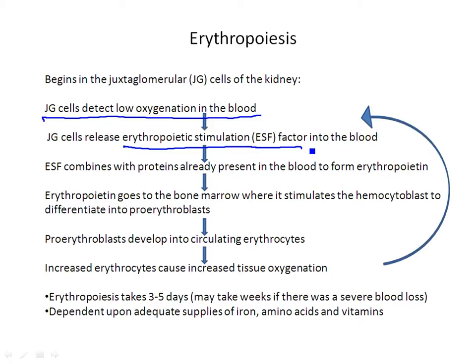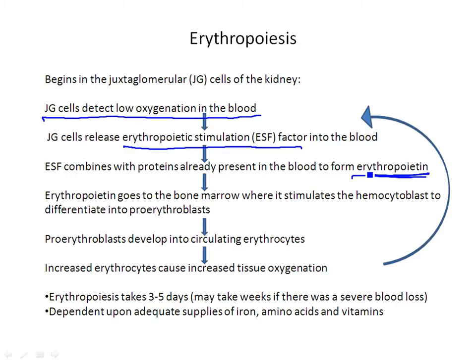Well, you've already got another protein present in your blood, and those two are going to combine and form what's known as erythropoietin. So the kidneys have stimulated this erythropoietic stimulating factor to be released, that joins with another protein in the blood, and now you make erythropoietin. Well, this erythropoietin is then taken through the bloodstream to the bone marrow, where you have the erythropoiesis occurring, or this blood cell production occurring.